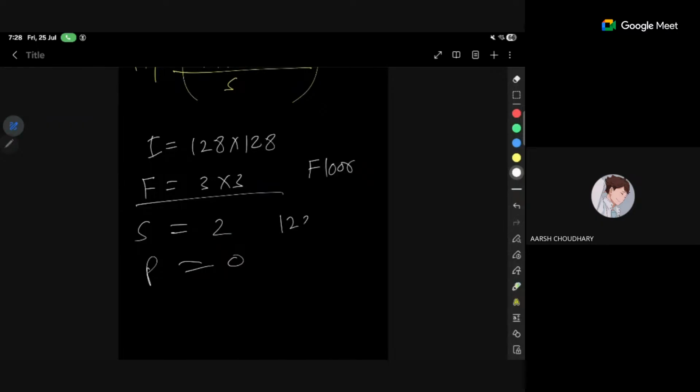So here you subtract the 3, divide by 2, so 125 by 2 is 62.5. We take the floor of that, 62, and of course the addition of 1 was always there. So the output you are going to get is 63.